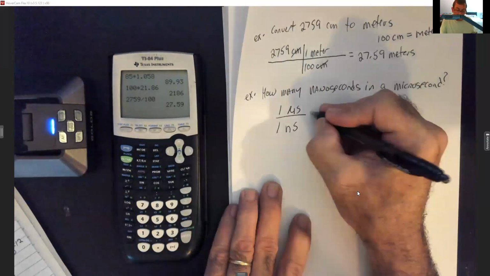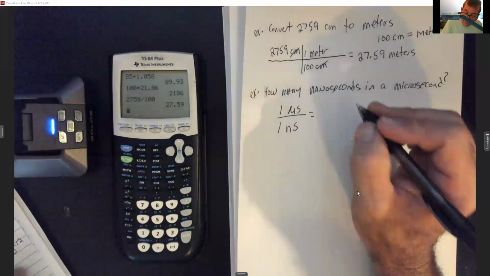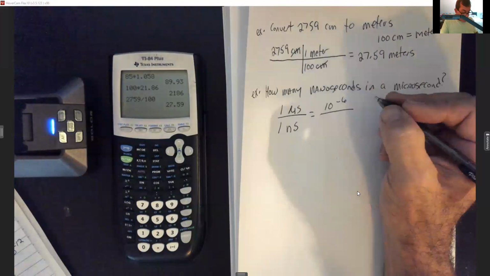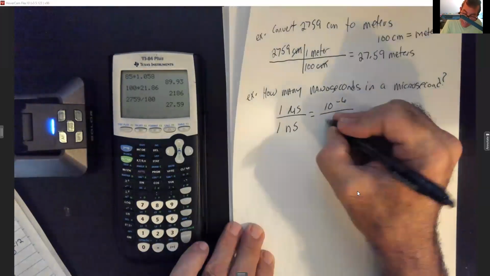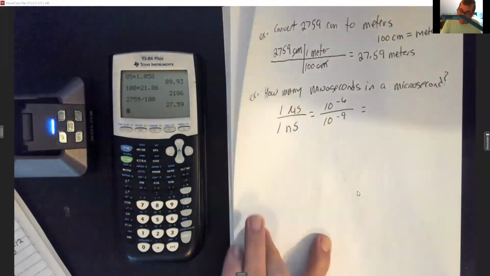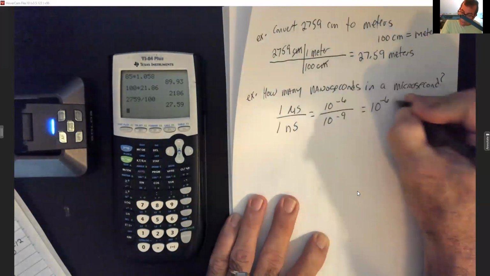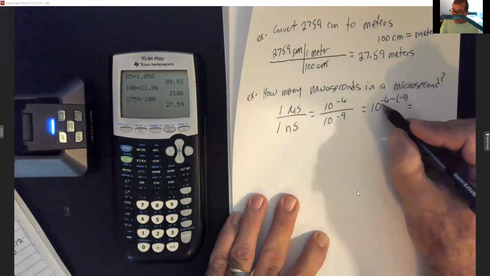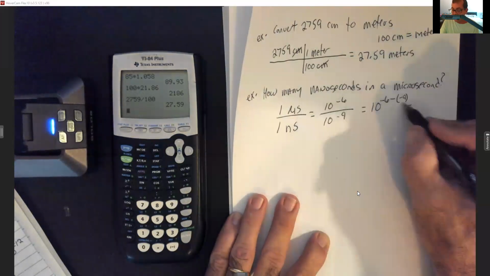Now on the chart I told you the microseconds is 10 to the negative 6. The nanoseconds is 10 to the negative 9th. So now remember, when you got exponents, when the bases match, you subtract the bottom exponent from the top. So I got this 10 to the negative 6 minus the negative 9. That's why I used the parentheses, just to separate my signs.